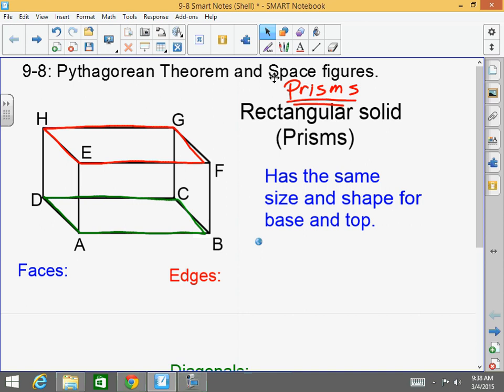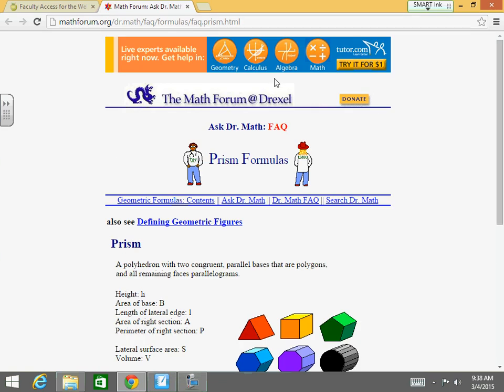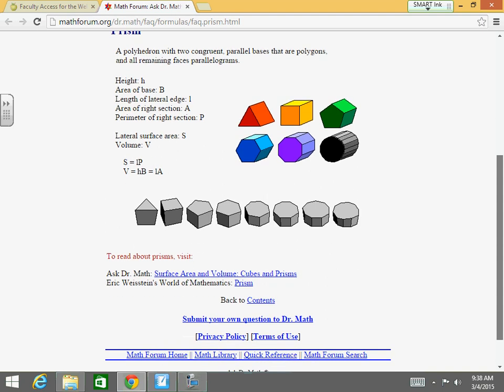They're both rectangles. But you can have a whole slew of different types of prisms, as I've shown you right here. Okay, I'm not going to spend forever on this page, but this is a video, so you could pause and look at what I'm talking about.